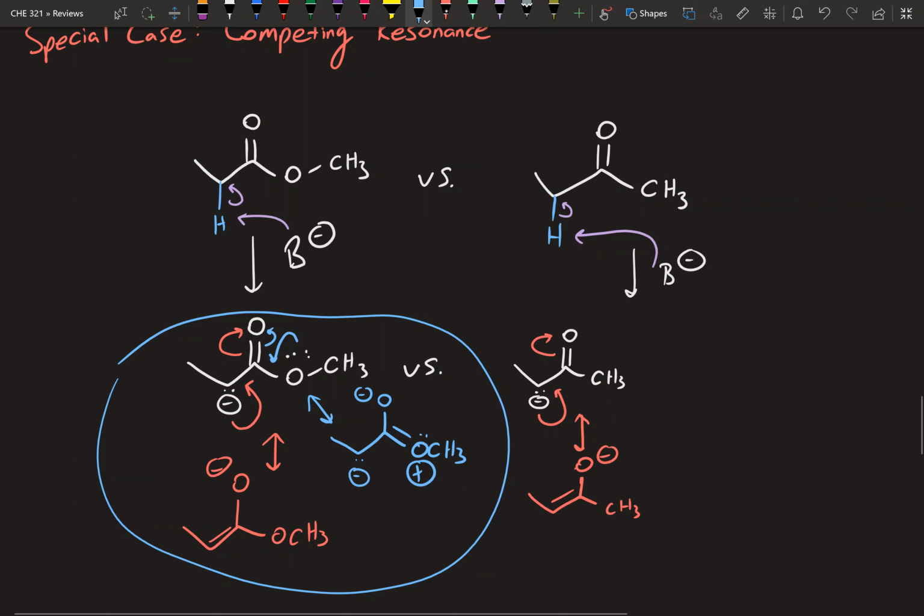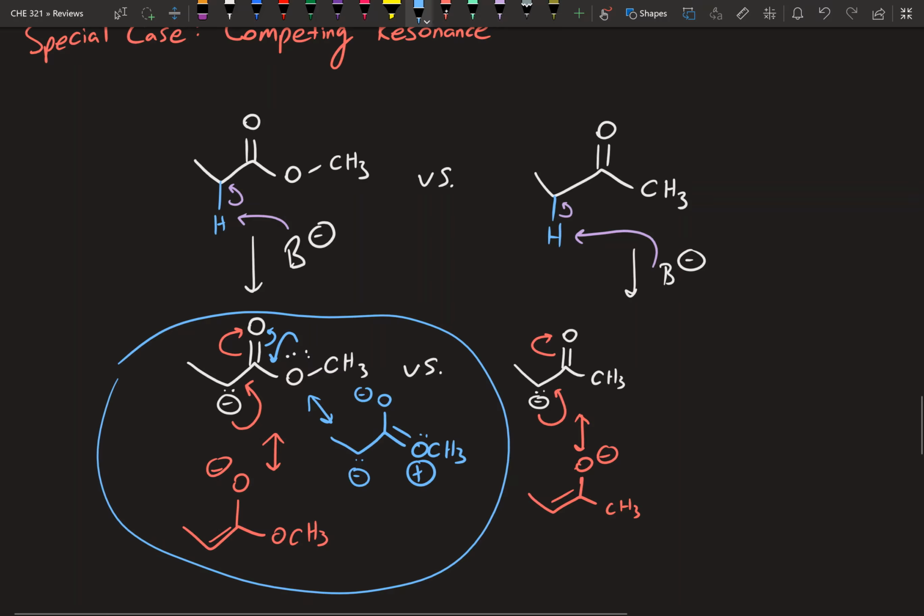The thing about resonance structures is that they're in equilibrium with each other. So both of these could be existing in the solution at the same time, right? And so in this competition, because that OCH3 is present, that negative charge on the carbon may not always be delocalized. That means in some cases it could be confined to that one carbon.